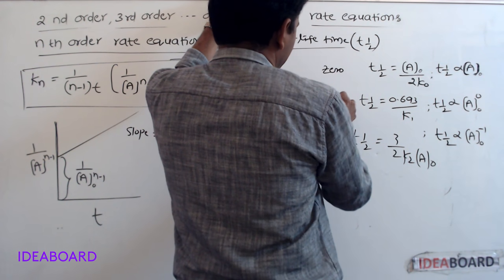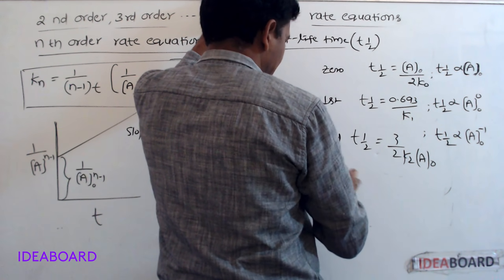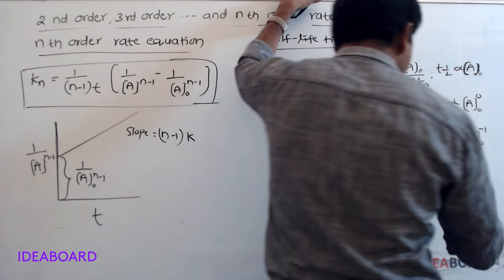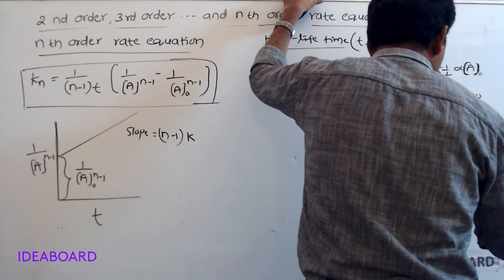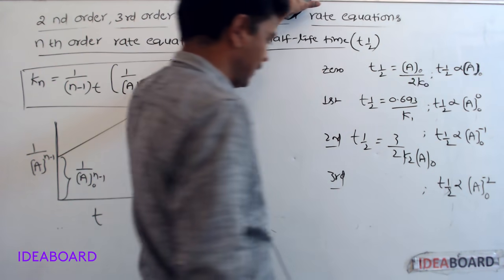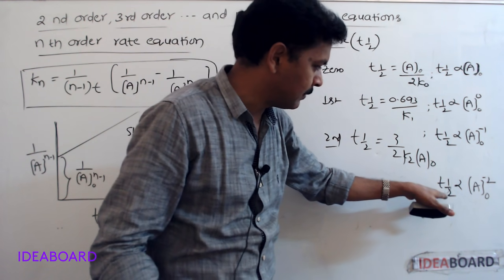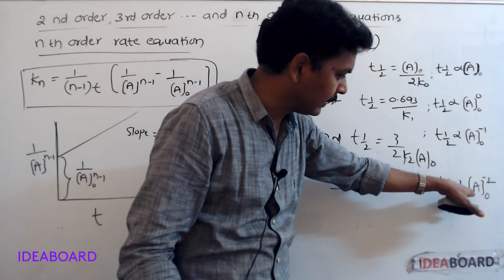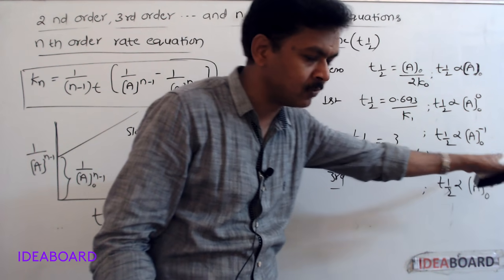For third order reactions, we get T half is directly proportional to A naught power minus 2. For third order reaction, T half is directly proportional to initial concentration of reactant power minus 2.